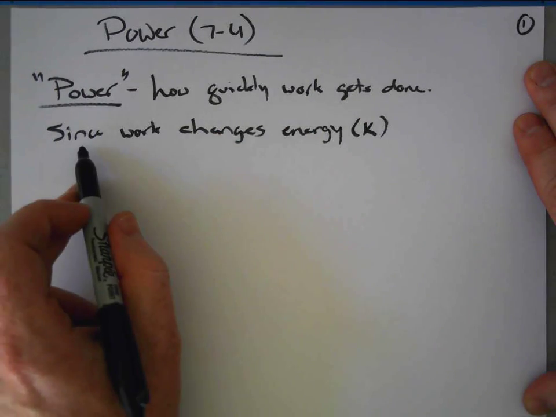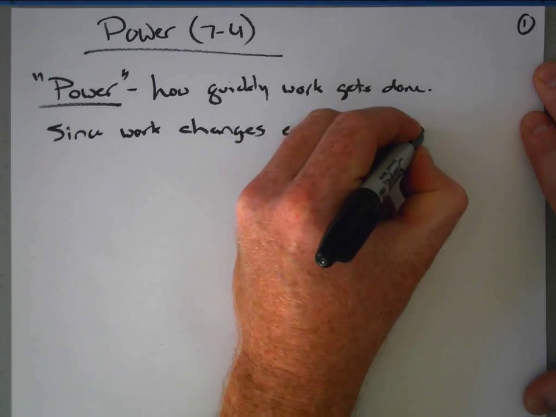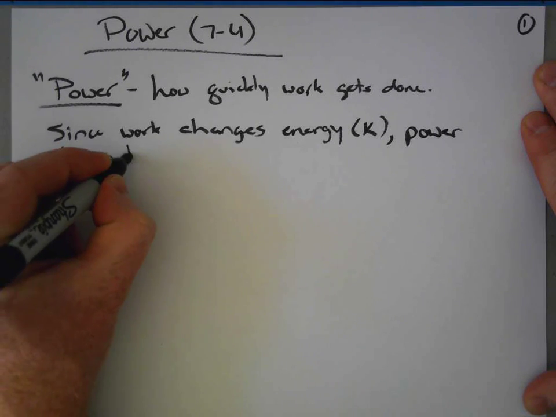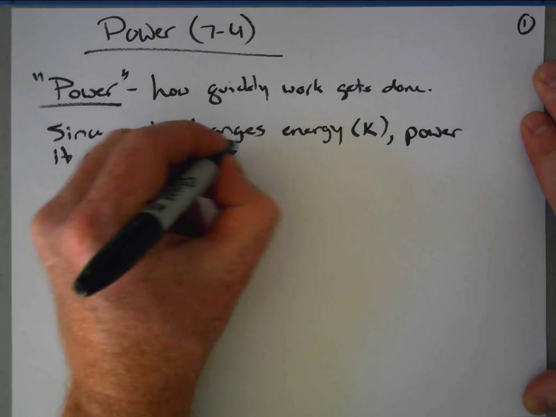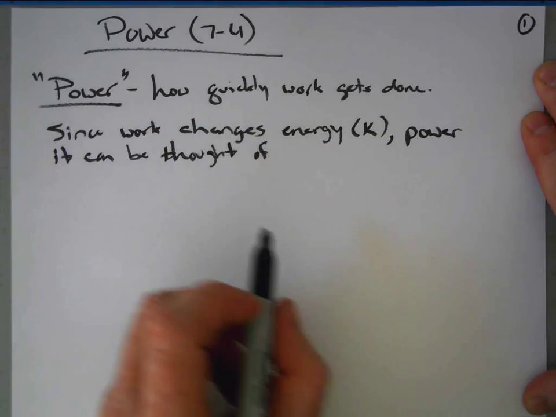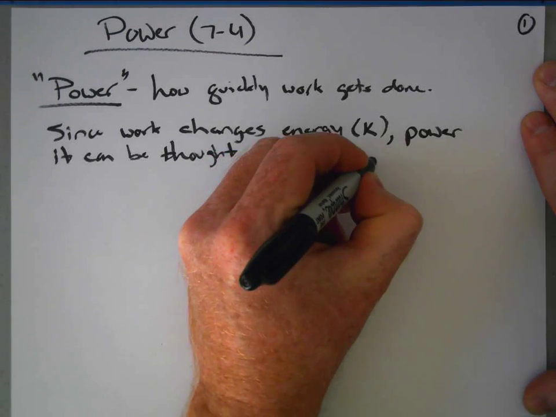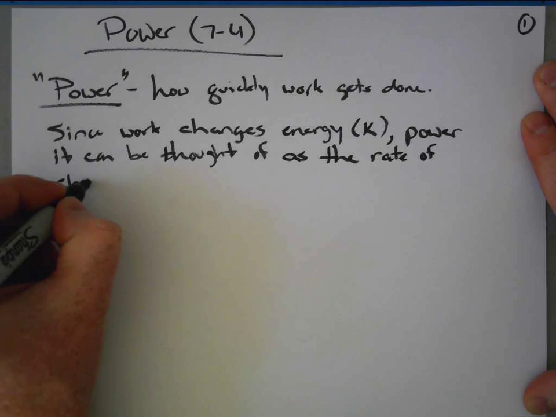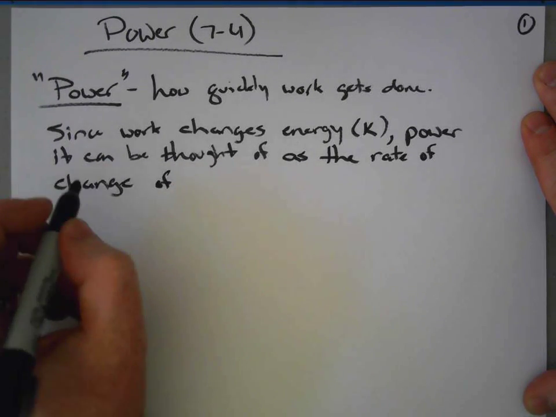So since the work changes the kinetic energy, what we know about power is that it can be thought of as the rate of change, very important phrase, the rate of change of energy.